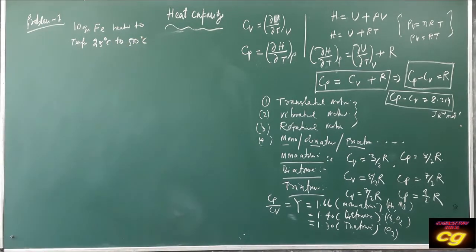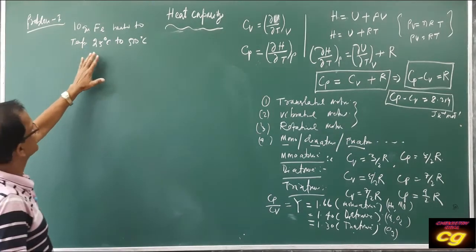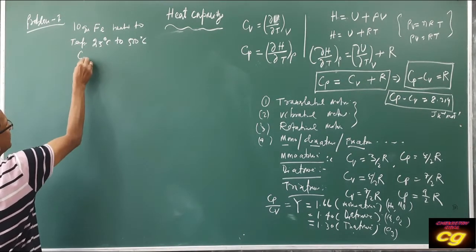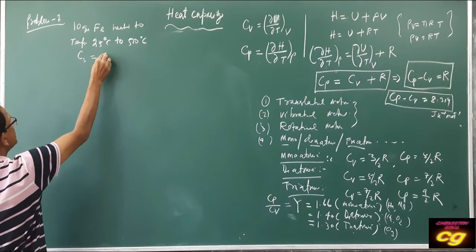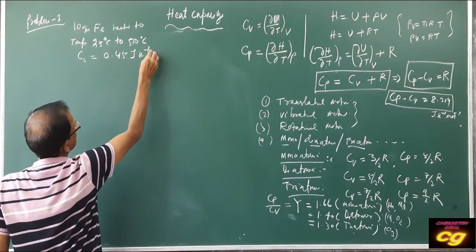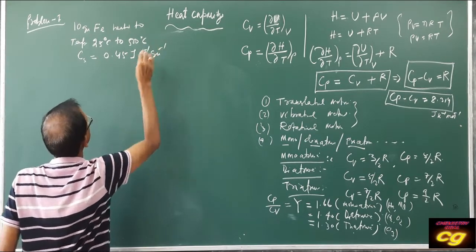That means when you supply heat to 10 gram of iron, the temperature changes from 25 to 500 degrees Celsius. And the specific heat of iron is given as 0.45 joule per degree per gram.